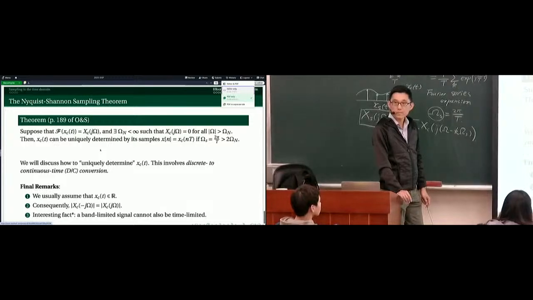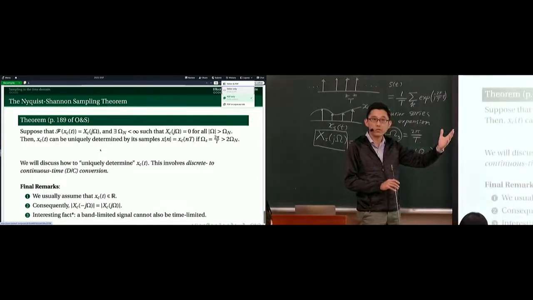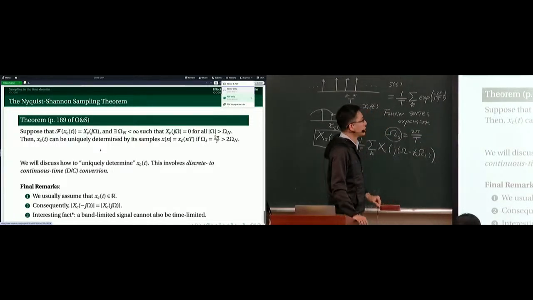You have a bandwidth, make sure you sample your signal with a sampling rate that is at least 2 times higher. That's the meaning of this sampling theorem.